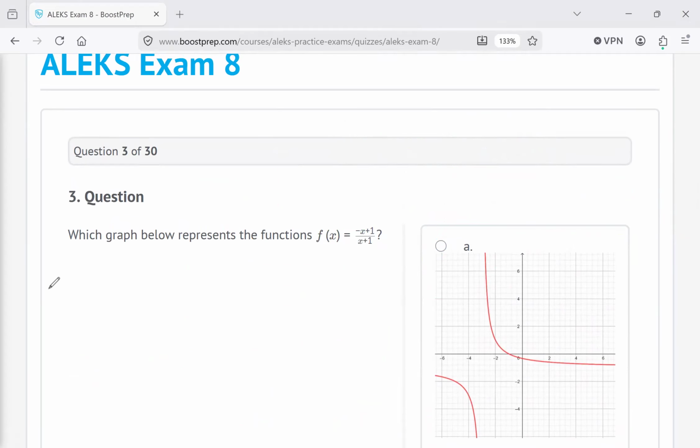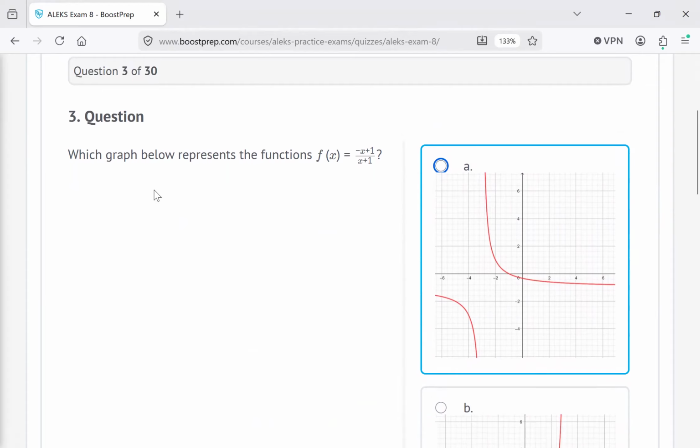Graph the rational function f of x equals negative x plus 1 over x plus 1. So how do we graph this? Simple. First, we gotta check for holes, right? For all rational functions, always make sure to check for holes. So what is a hole?